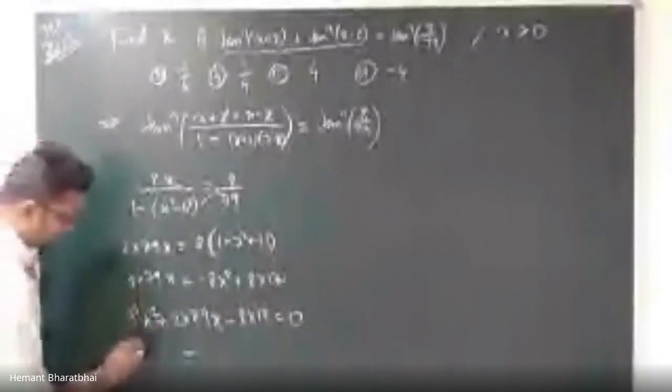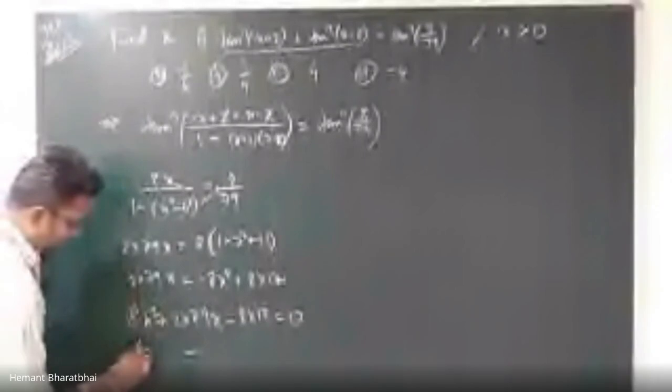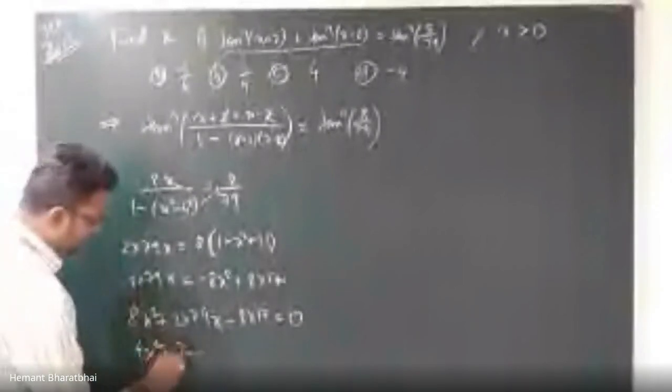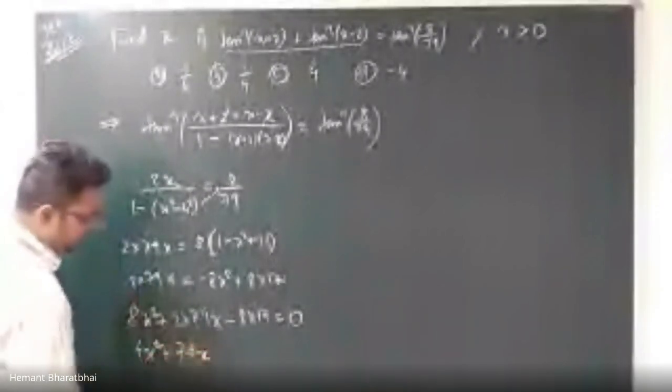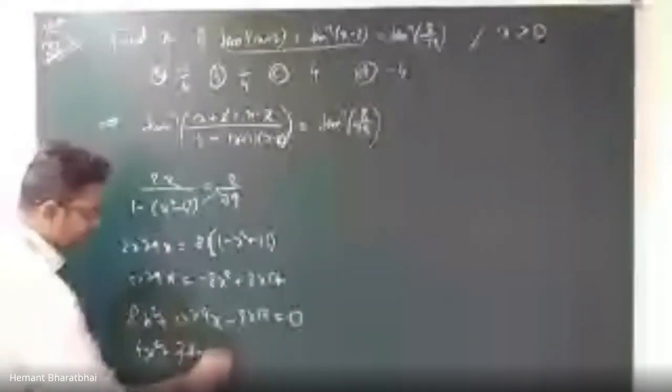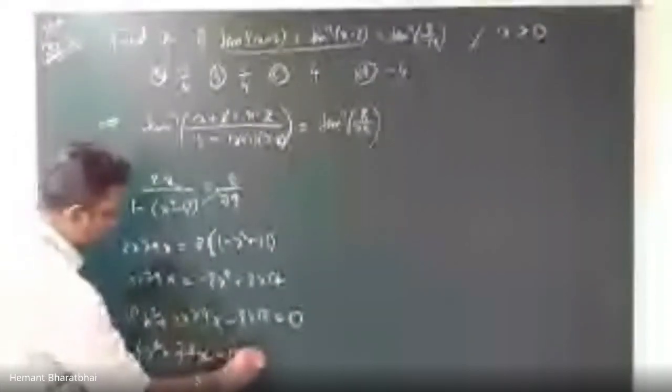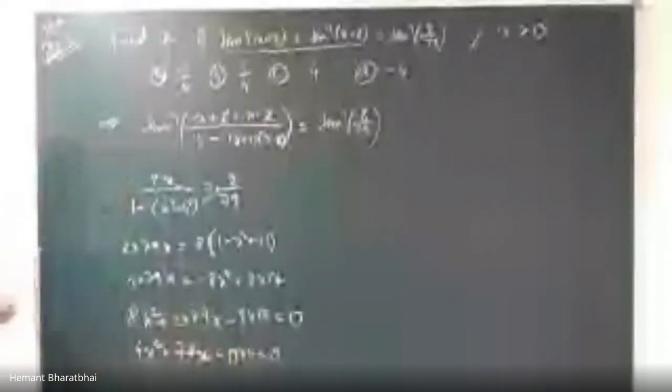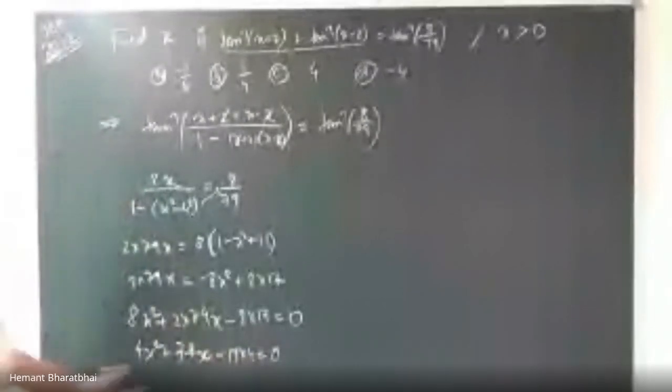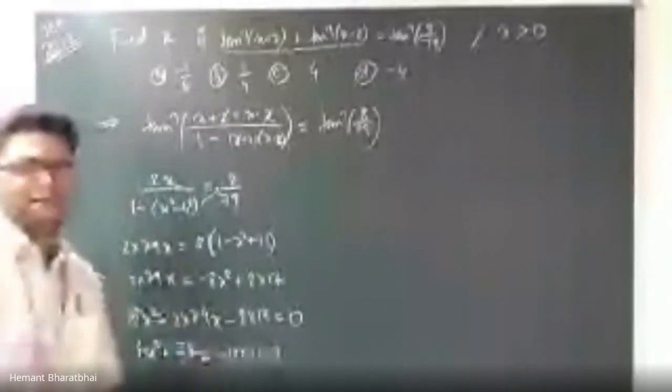If I take 2 common from everywhere, I get 4x square plus 79x minus 20 equals 0. Okay, so now solve this quadratic equation.